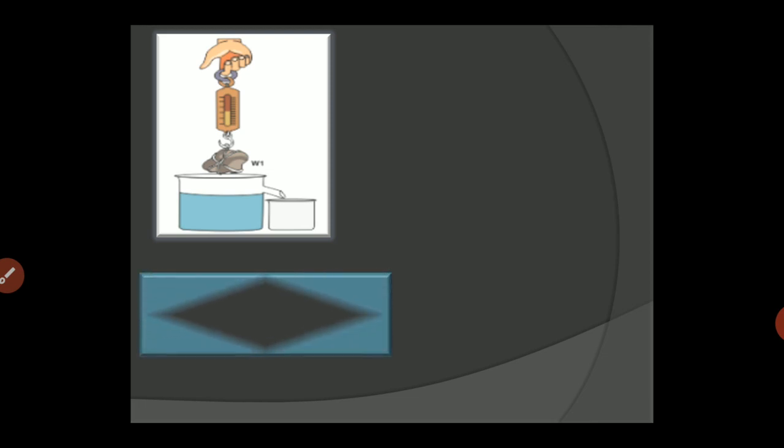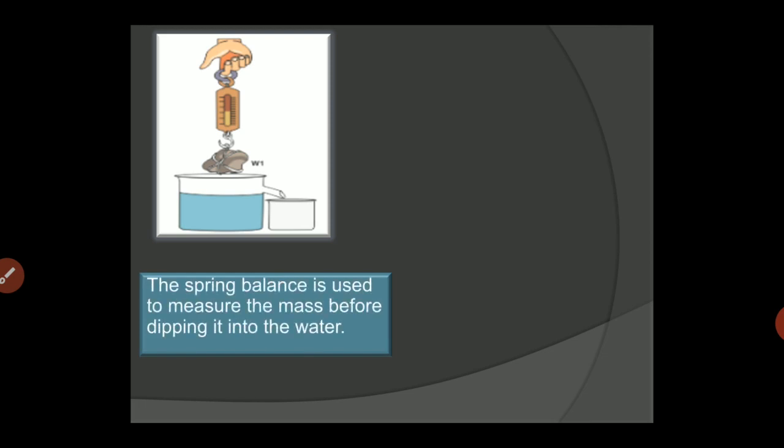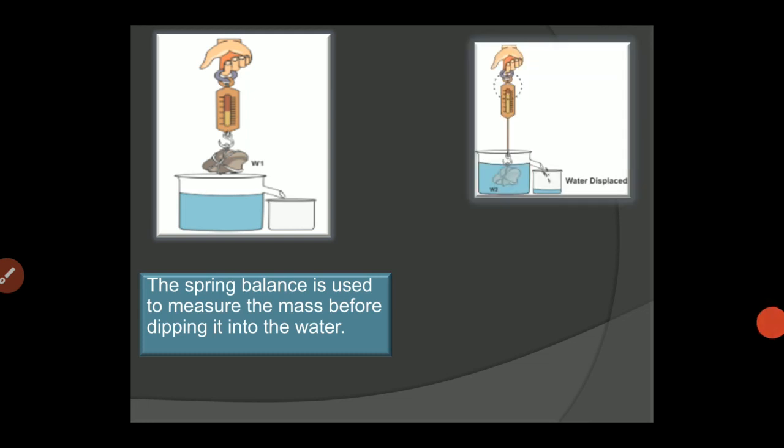We'll dip the solid into this water. As soon as the solid is dipped, the water rises up, and it has a way to come out, like this. The water gets displaced and collected into the beaker over there.